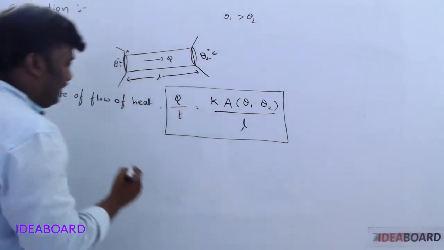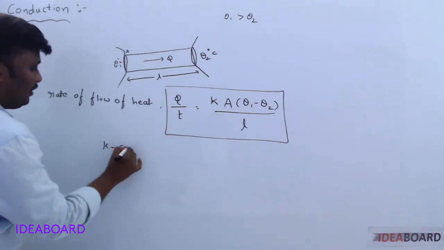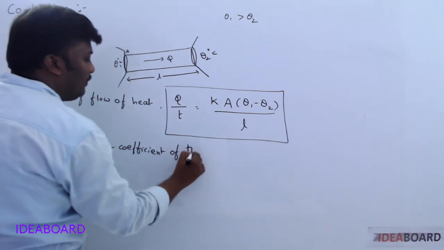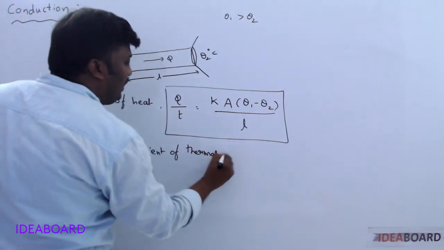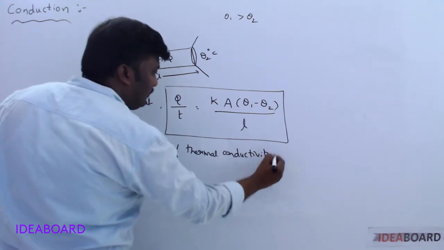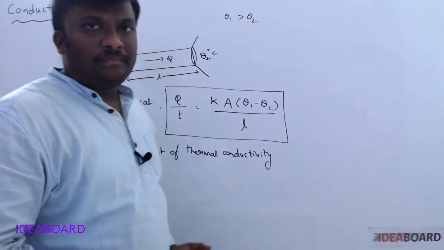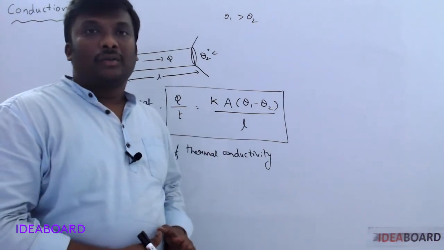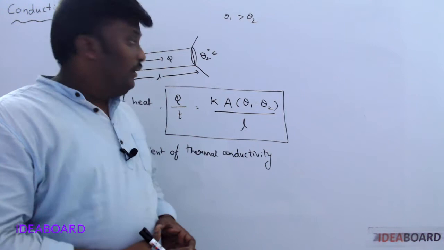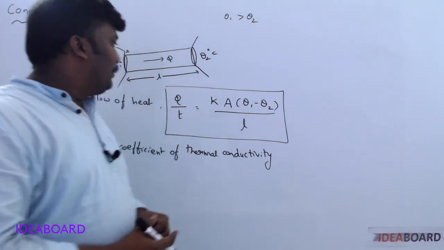What about K? K is called the coefficient of thermal conductivity. In the 2019 examination also, they asked a question related to the coefficient of thermal conductivity. Can you say what the units of the coefficient of thermal conductivity are?